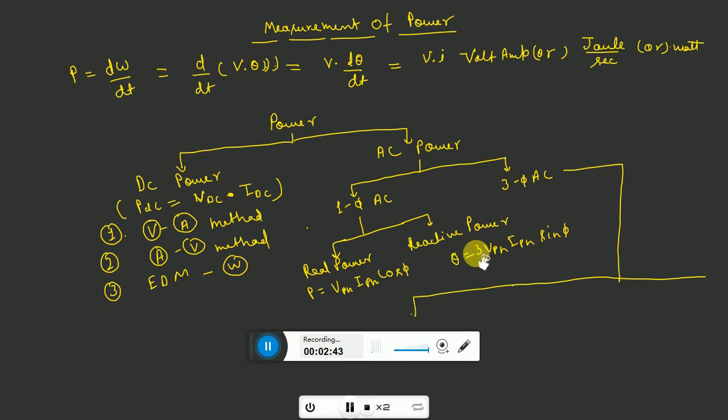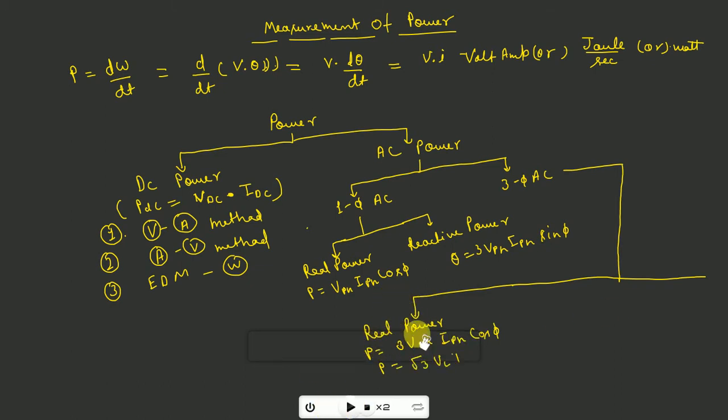Next is your 3 phase AC power measurement. In 3 phase AC power measurement we calculate again real power. Real power is written as 3 V_phase I_phase cos phi, or P equals root 3 V_L I_L cos phi.